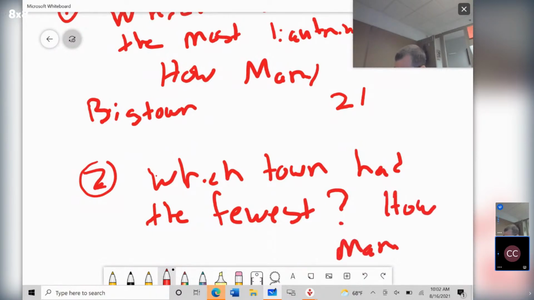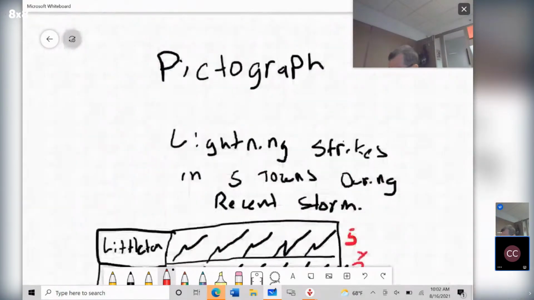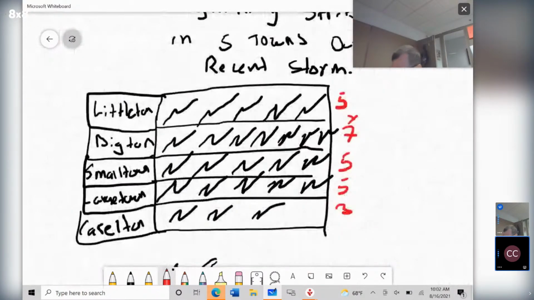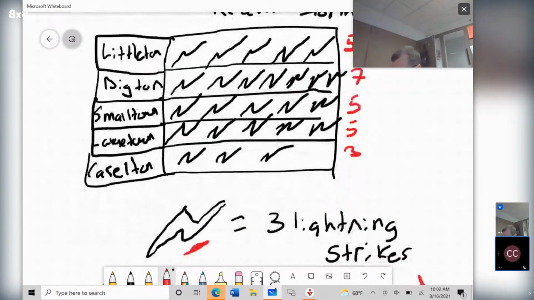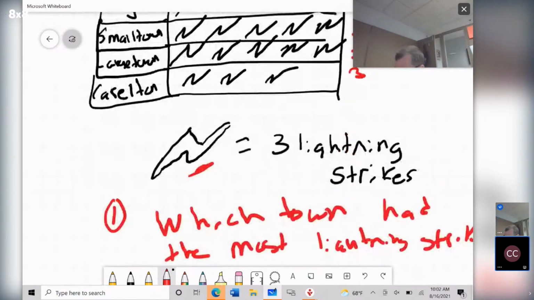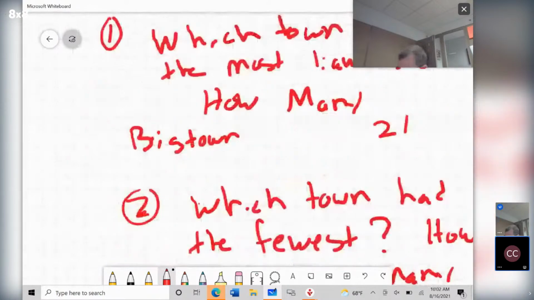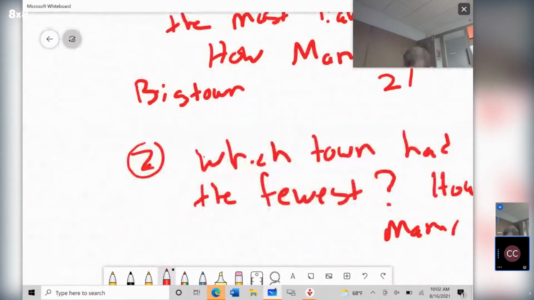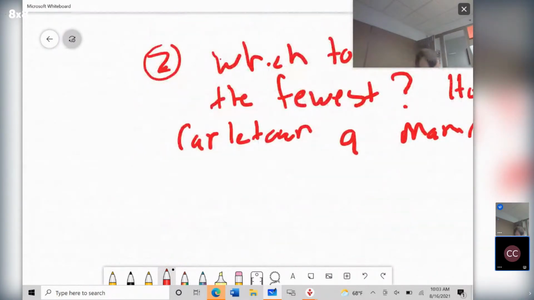So we'll go back up to the graph, and judging by our numbers, Carlton had the fewest. They have 3 symbols. Remember, each symbol equals 3, so Carlton had 9. So they had the least. It would be Carlton, and they would have 9. Okay. Next question.